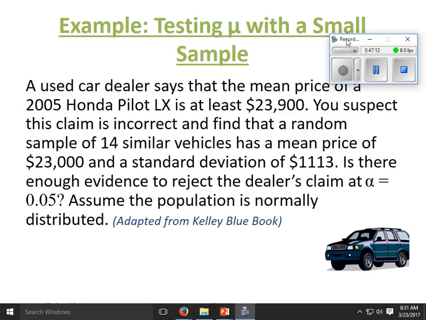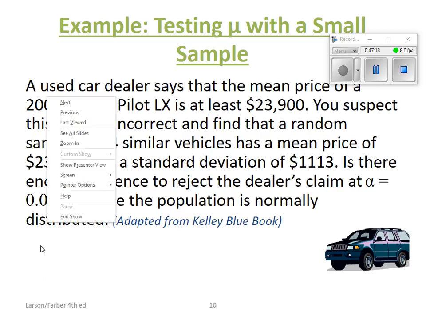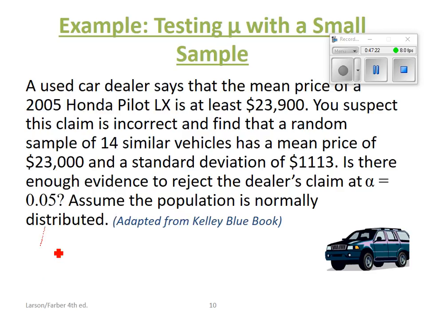All right, if we go back through those steps, first thing we're going to do is write the HO and the HA. Their claim, they're making a claim: mu is at least, so greater than or equal to $23,900.